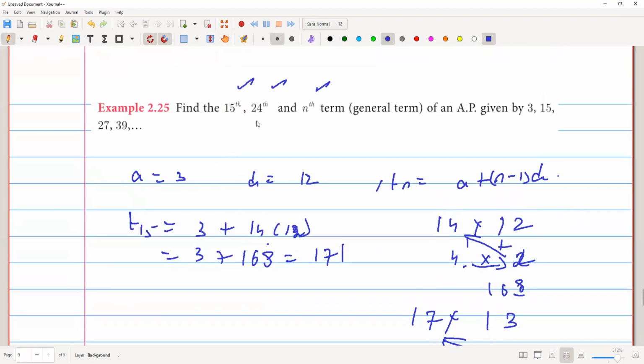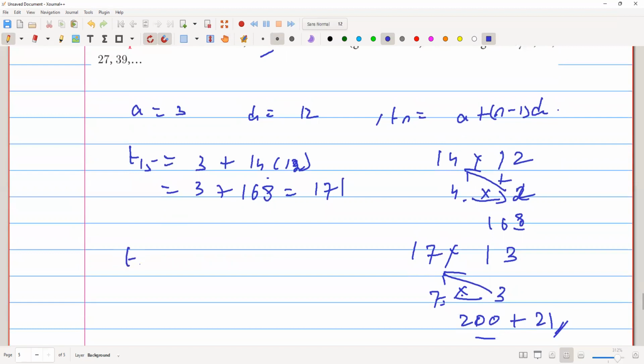Then they ask for T24. T24: 3 plus 23 into 12. 23 into 12.